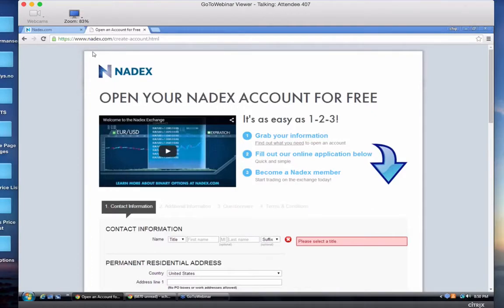And the settlements on Nadex almost happen instantaneously, cash settled. So it's not like in equities, where there's Regulation T+2. It's instant to your account, all cash settled.